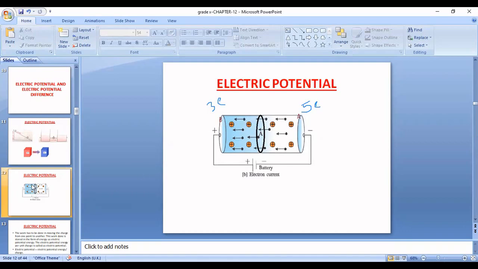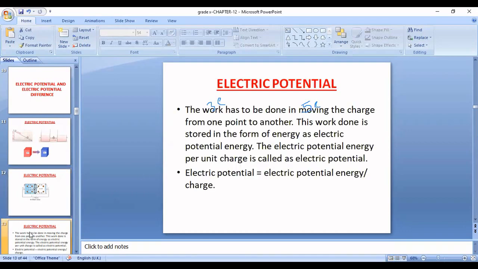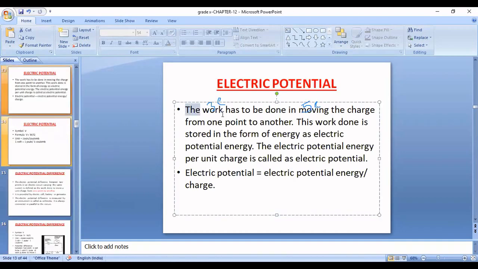So now we are going to define electric potential. As you can see here in the slide, what is electric potential? It is the work that has to be done in moving the charge from one point to another. We had seen that work has to be done to raise the temperature, or to raise the level of water, or to raise the height of a certain object. Similarly, work has to be done to bring the charge.